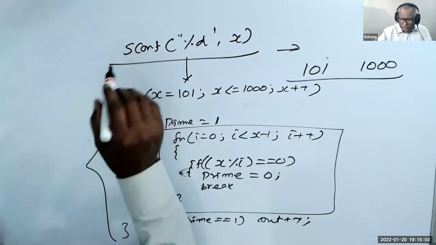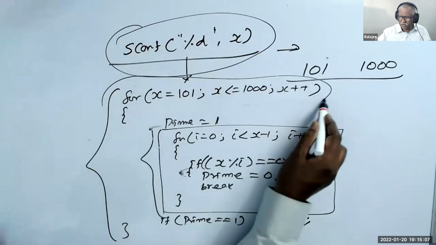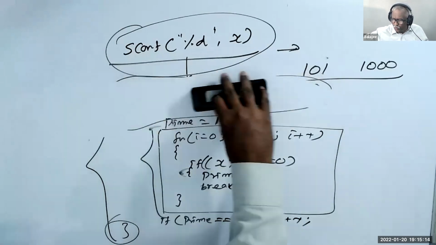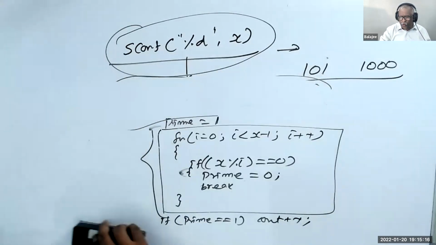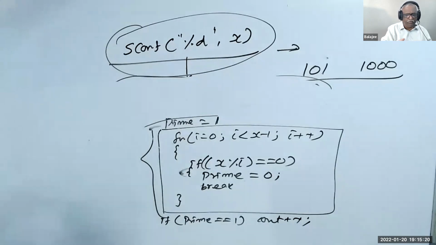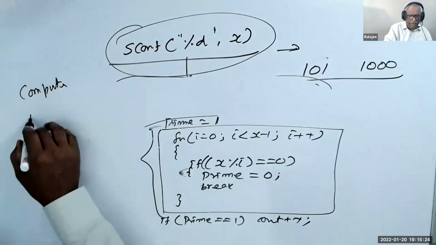What I have done is I removed the scanf and replaced it with this range. If you remove this, you will do it for only one number. You do it for one number. See, I'm trying to use the power of the computer and the power of programming.